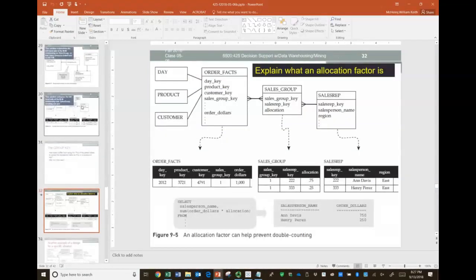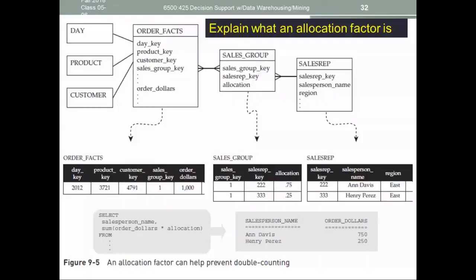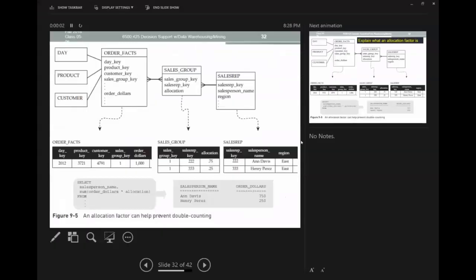Okay, so if we look at this slide one more time here with the sales reps, you can see that in our order fact table, there's a certain number of dollars for that order. So let's say it was $4,000 on that. But we want to figure out what are the sales by sales rep.